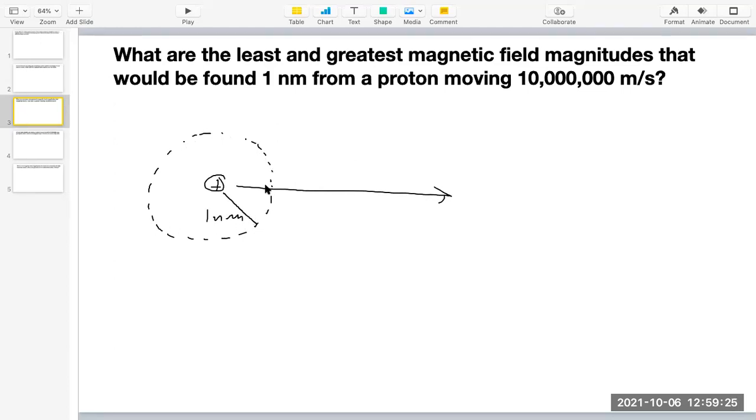At different points 1 nanometer from it, you'll find different magnetic fields. So what will be the greatest magnitude of magnetic field you could find and the least magnitude of magnetic field you could find 1 nanometer from this proton?